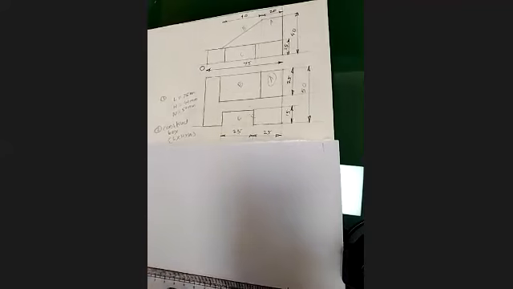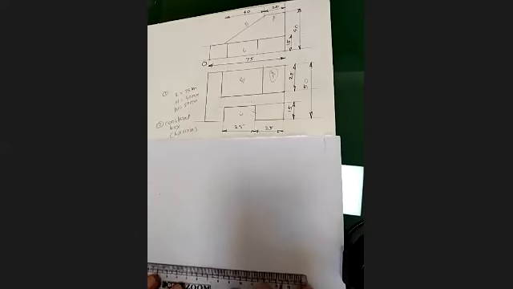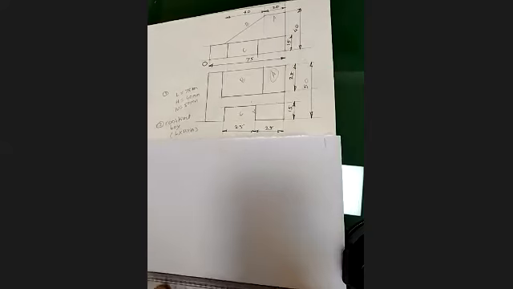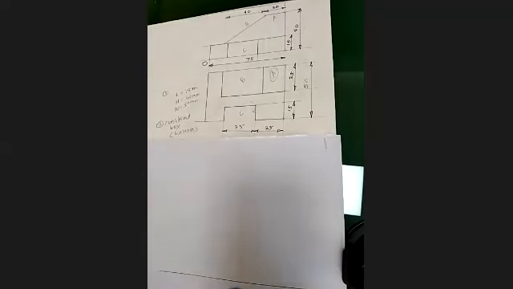To get the box, you first of all draw a horizontal line. You have to keep the space above the horizontal line sufficient so that you can accommodate the maximum dimensions. Then mark any one point here.